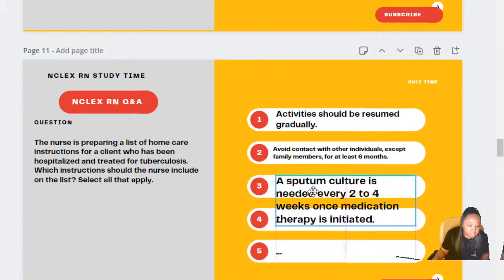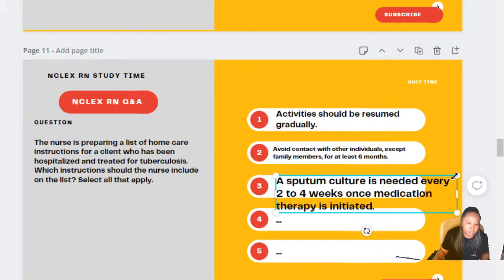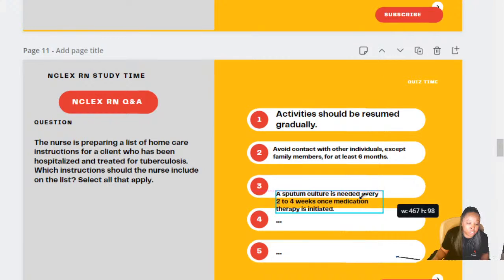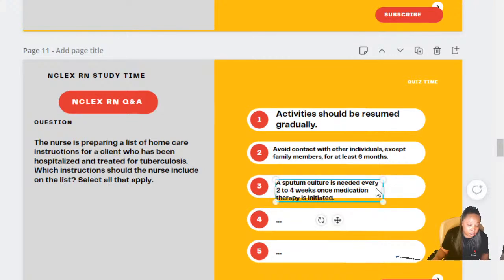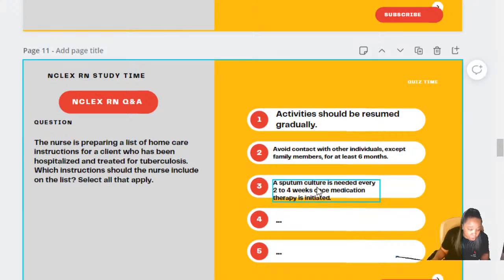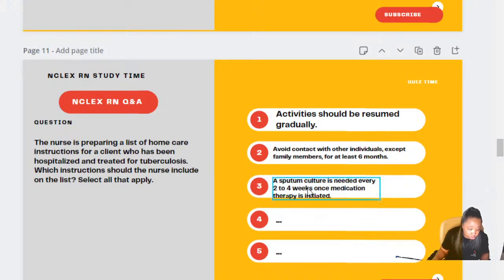The other one says a sputum culture is needed every 2 to 4 weeks once medication therapy is initiated. This one is mostly in the hospital, right? They say when you start to give the patient medication for the TB, you need to do sputum collection with sputum culture.